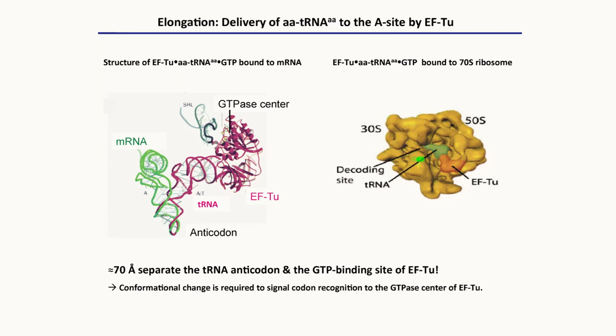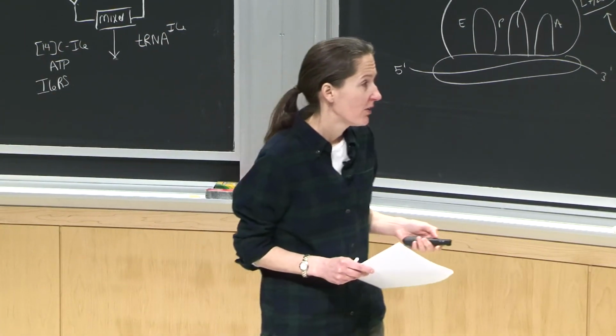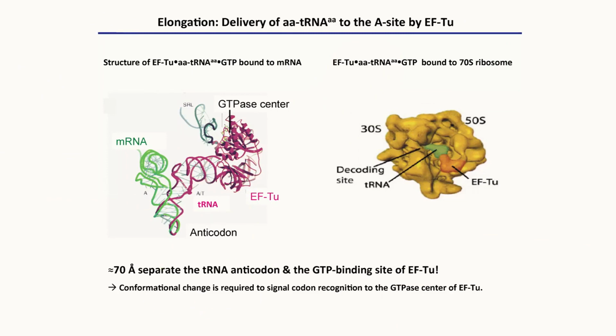The tRNA is in green, and EF-Tu is in this darker orange, to place that in the perspective of the 70S ribosome. So conformational change is required to signal codon recognition to the GTPase center, and this will be spoken about in quite some detail this week in recitation.